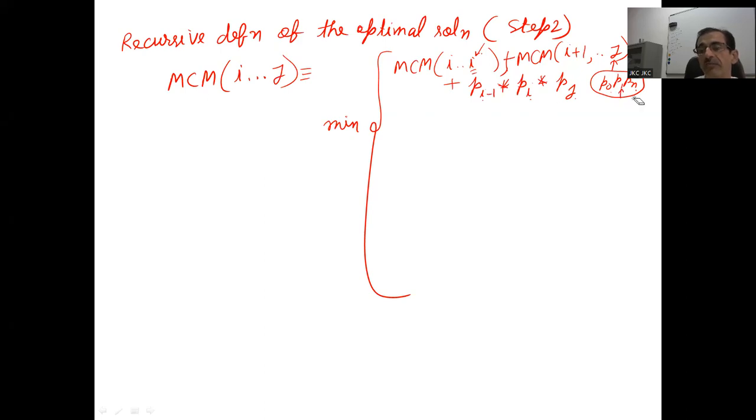Effectively I am able to rewrite the same thing in terms of i and j, where i means the starting index and j means the ending index. I need these to be general because here they are going to be different. So this becomes one case.